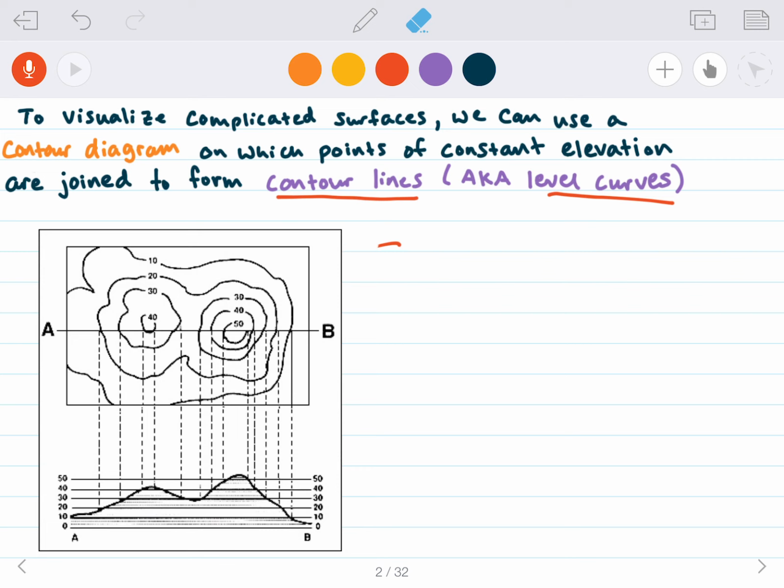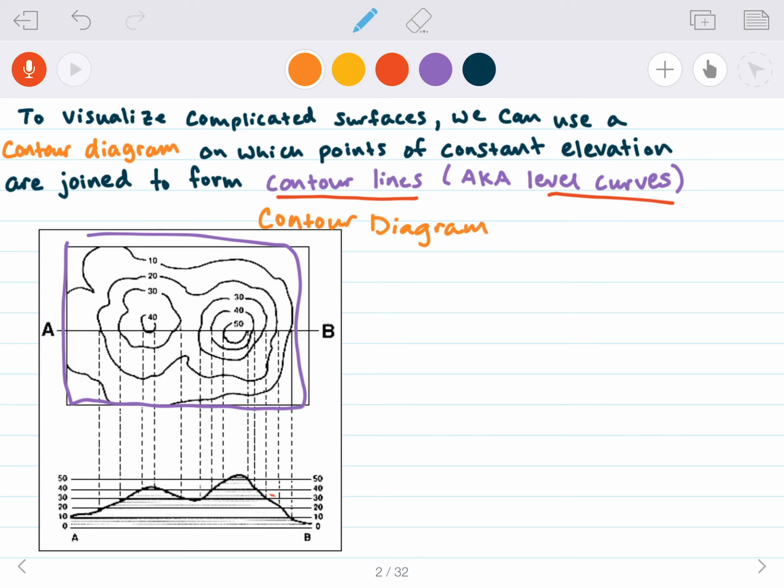And we can see that because we have this mountain range down here, and up here is our contour diagram. It's basically telling us what the elevation at each point is.